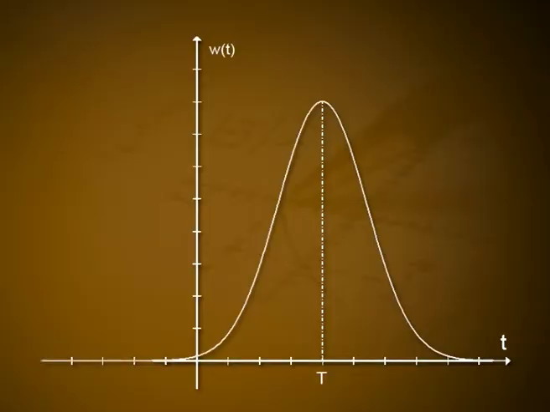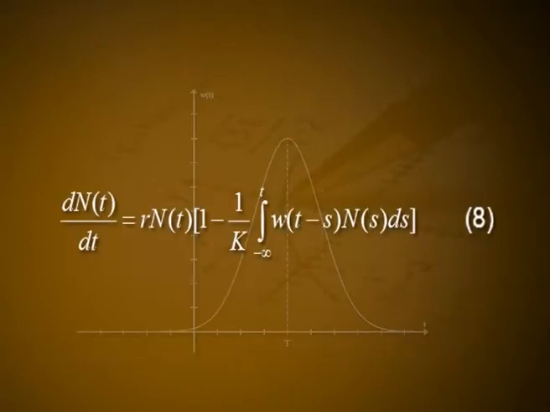Practically, W(t) will tend to 0 for large negative and positive t and will probably have a maximum at some representative time capital T. Typically, W of t is as illustrated in figure 2. Figure 2 gives the typical weighting function W of t for an integrated delay effect on growth limitation for the delay model represented by equation 8.